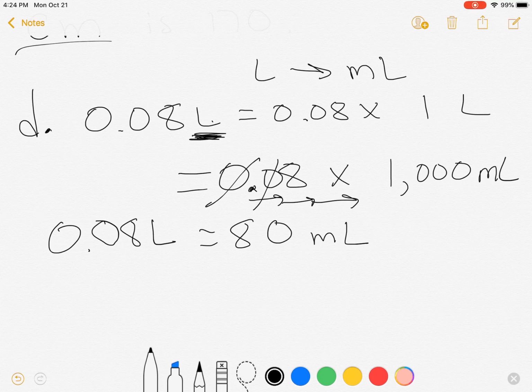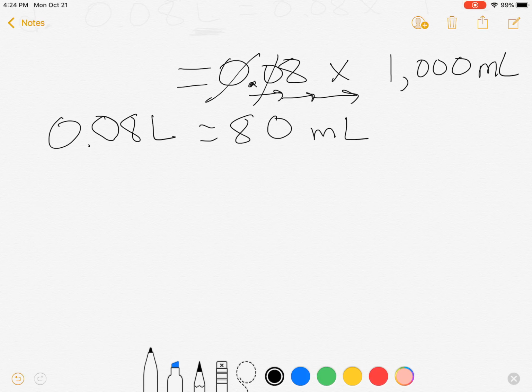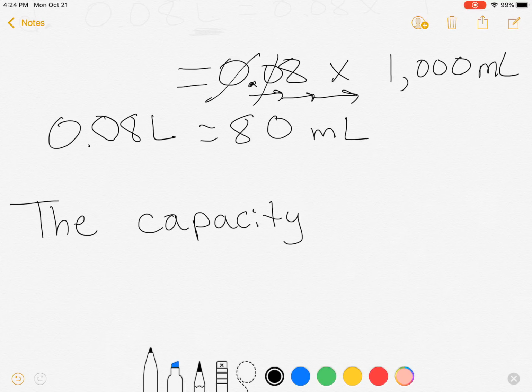Restate the question for me, Madison. The capacity of a syringe is 80 milliliters.